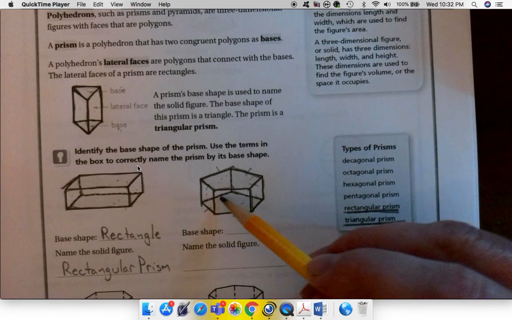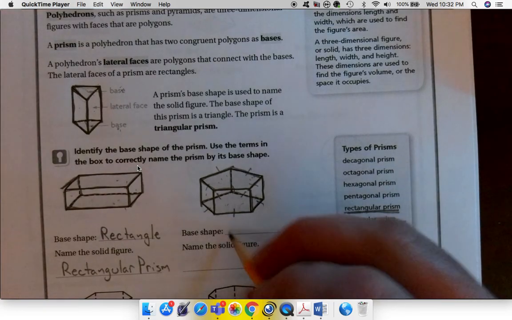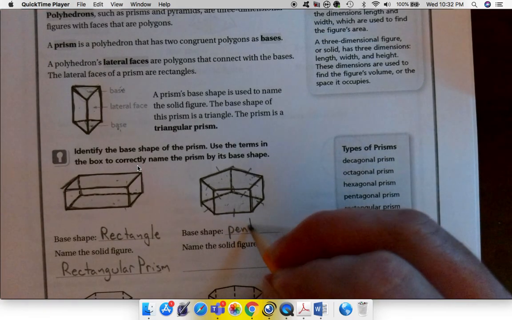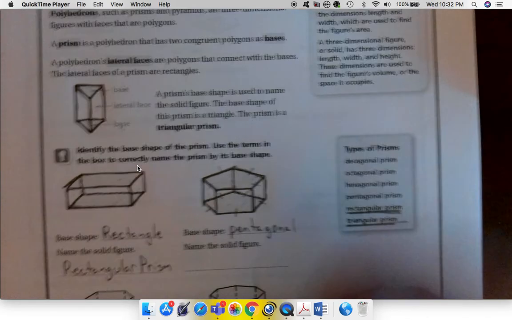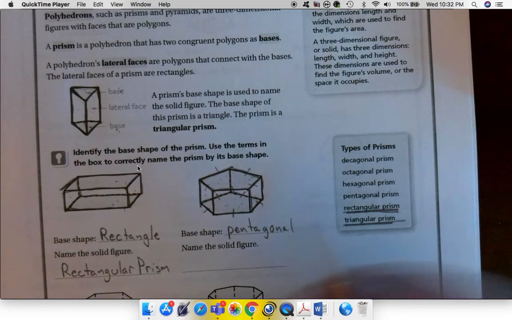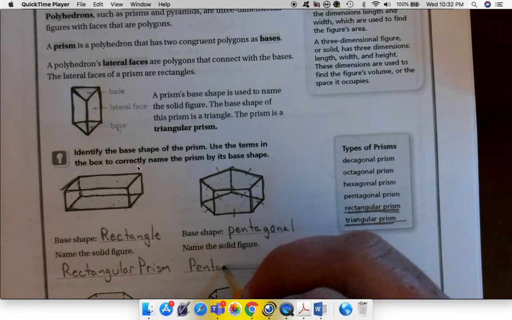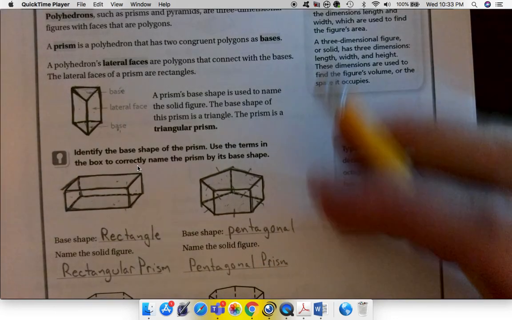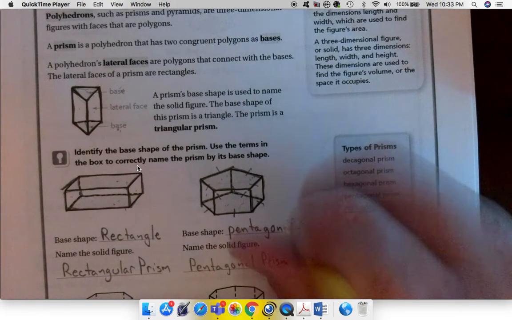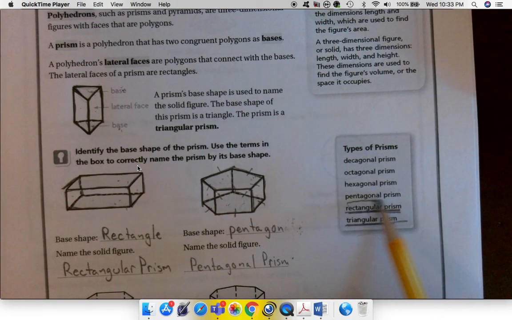What is it? It's a pentagon. So it's a pentagonal prism. They just want the word pentagon. The base shape is a pentagon, so it's a pentagonal prism.